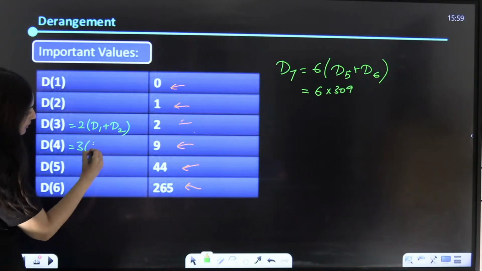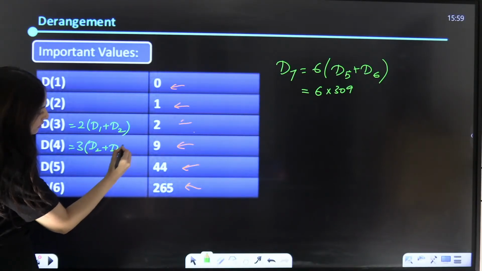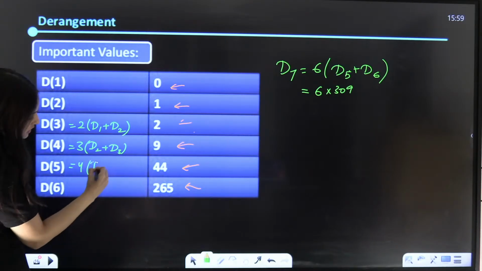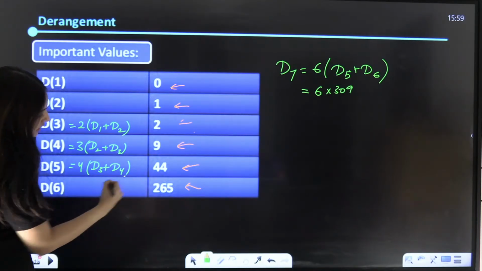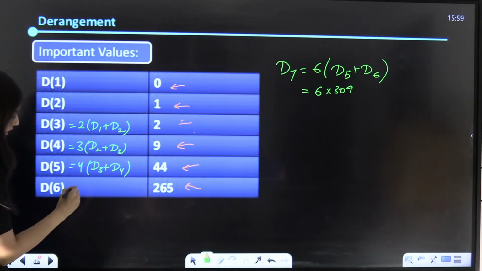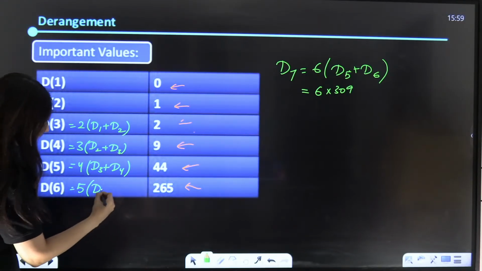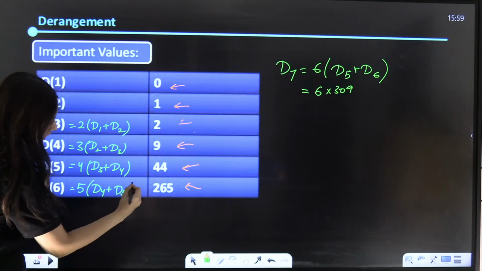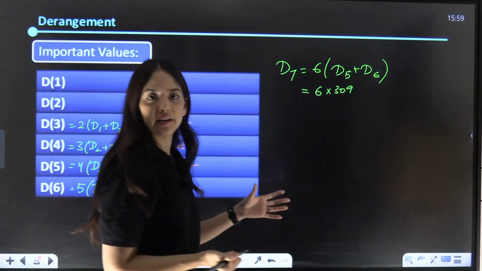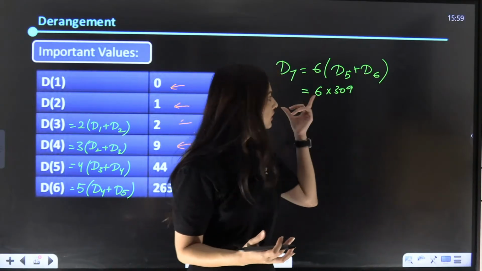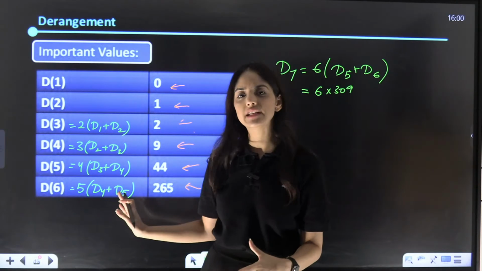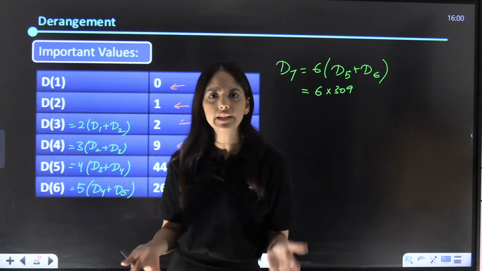D4 is 3 times D2 plus D3, 3 into 3, 9. D5 is 4 times D3 plus D4, 11 into 4, 44. D6 is 5 times D4 plus D5, that is 53 into 5, 265. So like this you can calculate any derangement either using the formula, or if you know these values, then it becomes even easier.